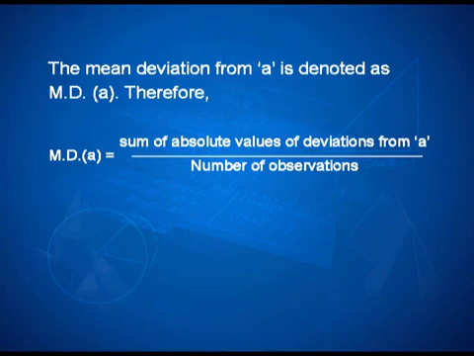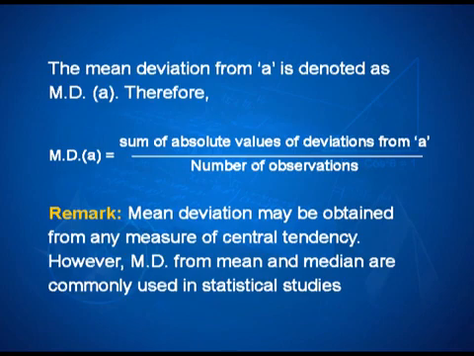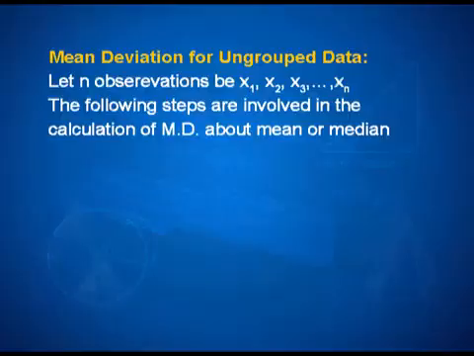An important remark here: mean deviation may be obtained from any measure of central tendency. However, MD from mean and median are commonly used in statistical studies. Let us now learn how to calculate mean deviation about mean and mean deviation about median for various types of data. Mean deviation for ungrouped data.